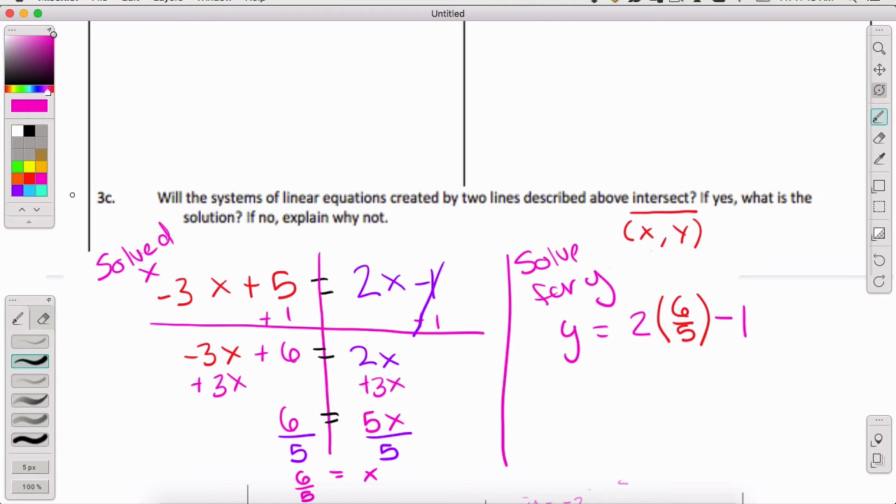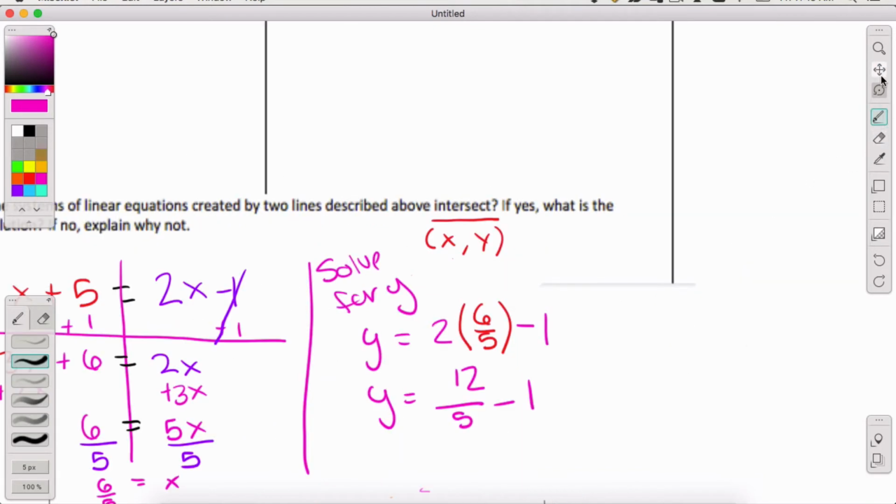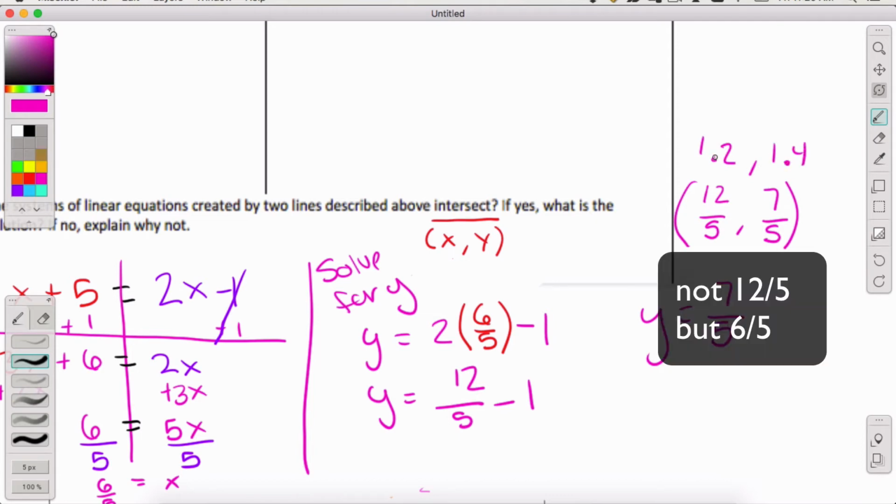Once you have the same bases for 12 over 5 and 1, you end up with y = 7 over 5. So the solution for this is going to be (6/5, 7/5). Could also have this as (1.2, 1.4). Both answers are all right.